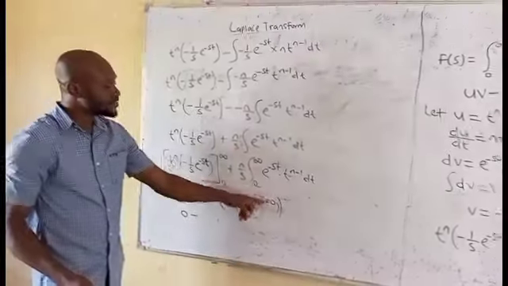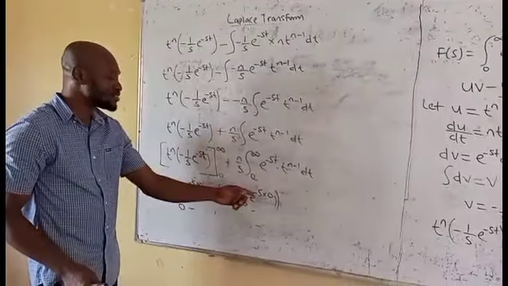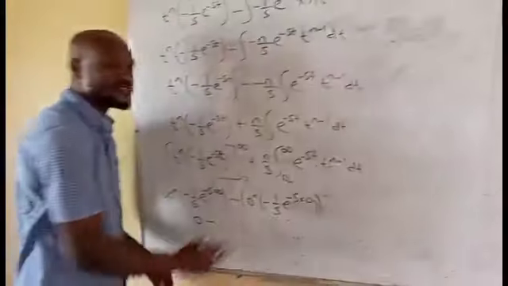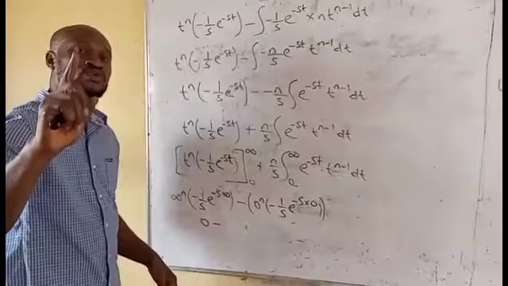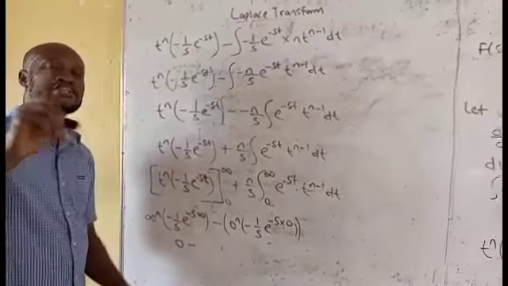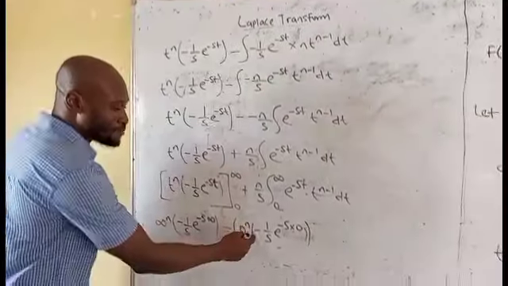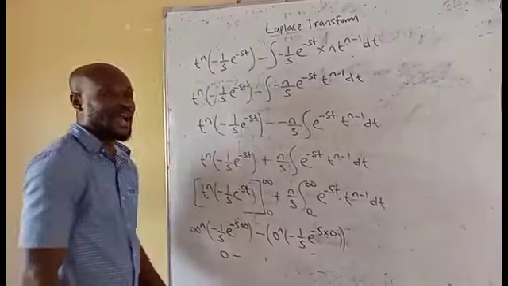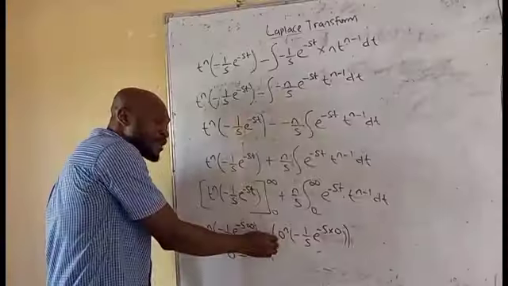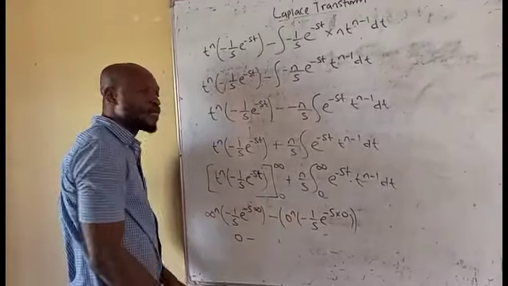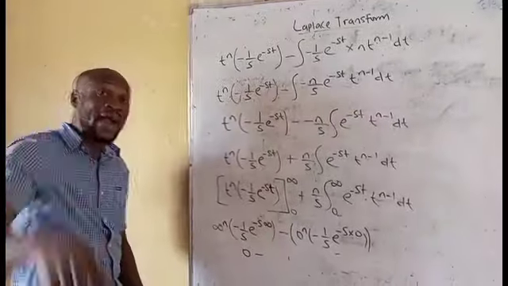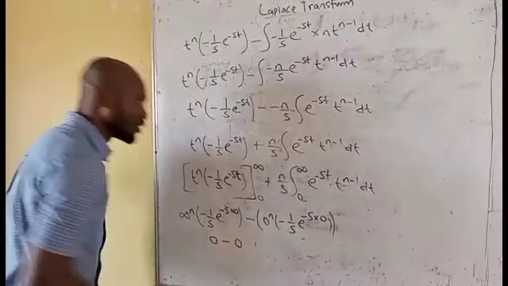Now x times 0 will give you 0, and 0 times minus will give you 0. So you now have exponential raised to the power of 0, and exponential raised to the power of 0 is what? 1, because anything raised to the power of 0 is 1. That 1 times minus 1 over x will give you minus 1 over x. And if you multiply this minus 1 over x by this 0, it will still give you 0. So both your upper and lower limit is 0. Are you getting me?